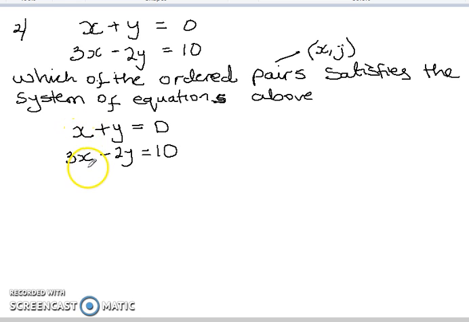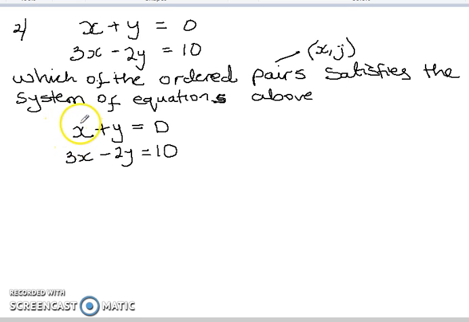So variable x, I need to figure out how to make this first equation here 3x. Or I need to figure out how to make this y value 2y. So once it's 2y, then these two can cancel out. Or once this x value is 3x, then these two can cancel out or be eliminated.